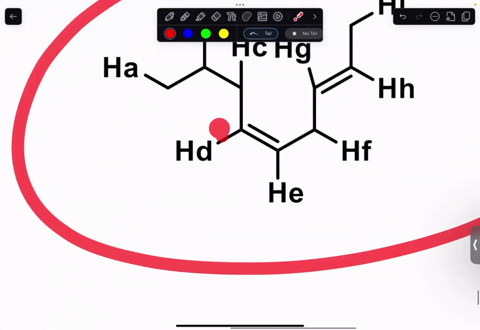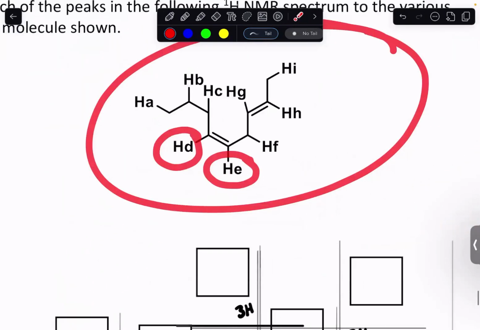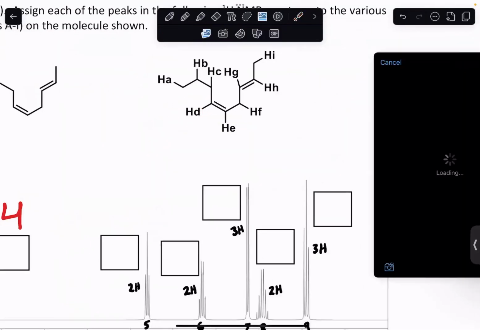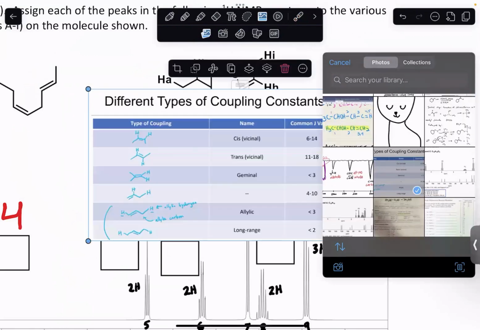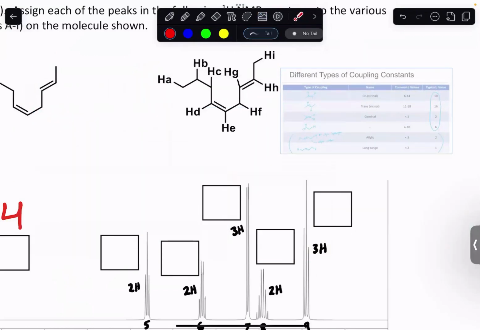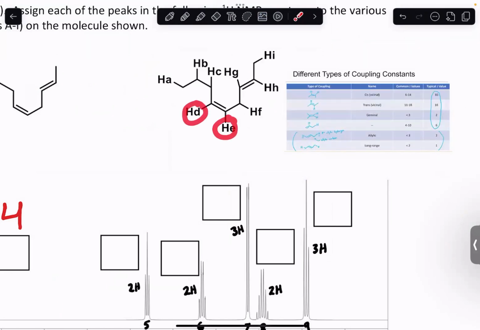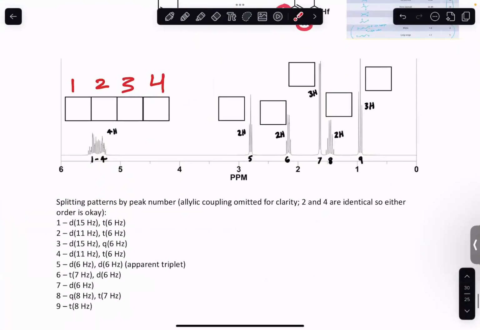What J values would you expect D and E to match if they have this sort of relationship with each other? Right, let me pull out the J values for you again. What J values would you expect them to have? Around 10-ish, right? And that's going to be 2 and 4, right?